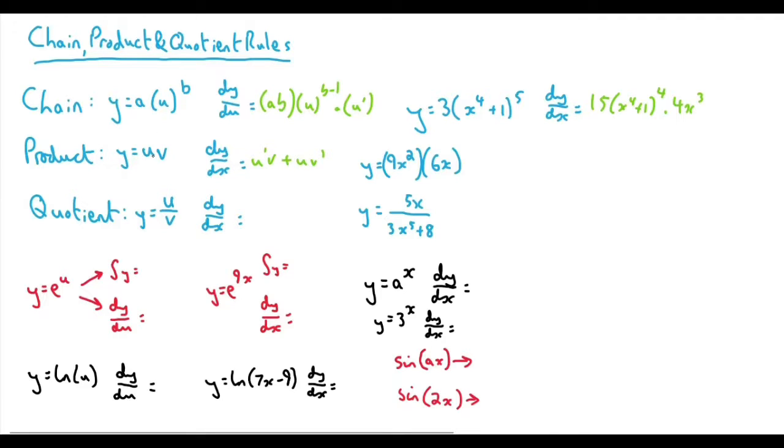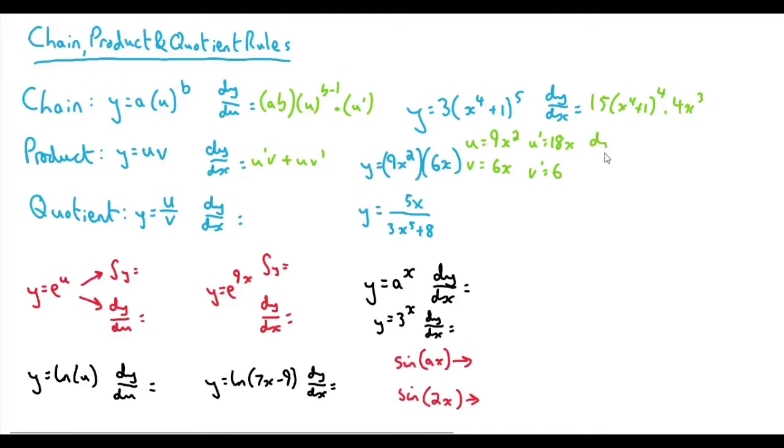So whatever the u term was, differentiated, times the regular v term, plus the other way around. Therefore, when we come to use the product rule, we first of all need to identify what our u and our v are. So u is going to be 9x squared and v is going to be 6x. Therefore u dash will be 18x and v dash will just be 6.